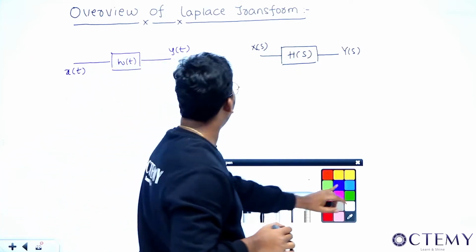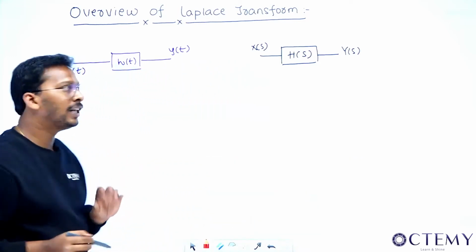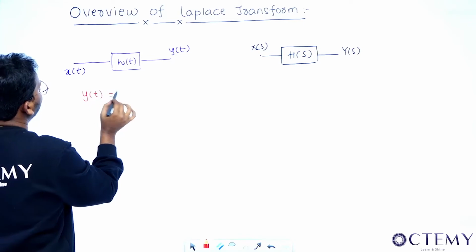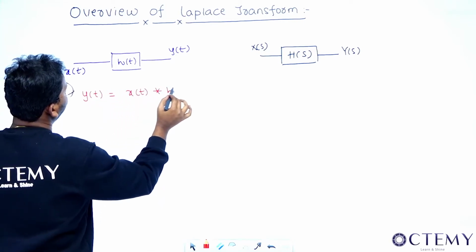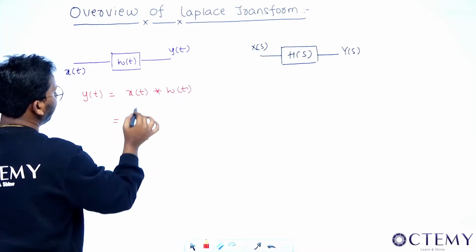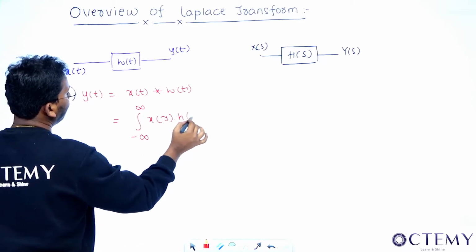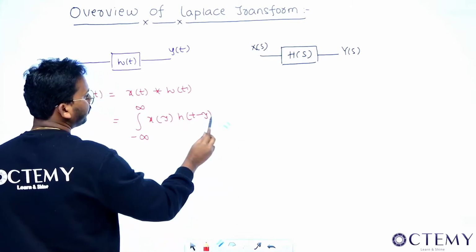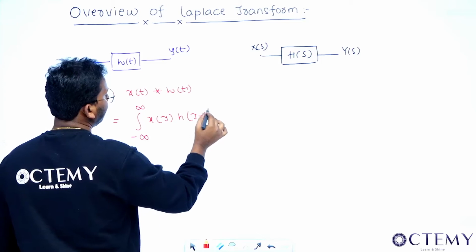Now if you want to find the output in the time domain, you will have to do y of t is equal to x of t convolution h of t. That is basically the integral from minus infinity to infinity of x of tau h of t minus tau d tau.